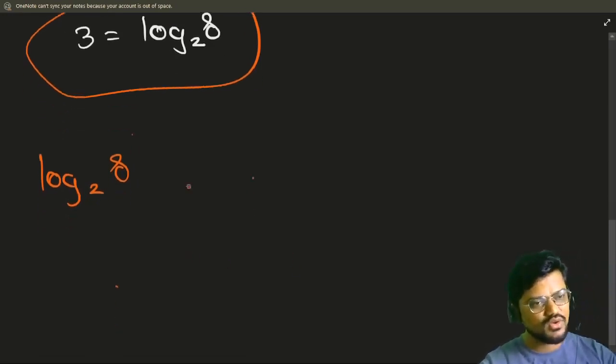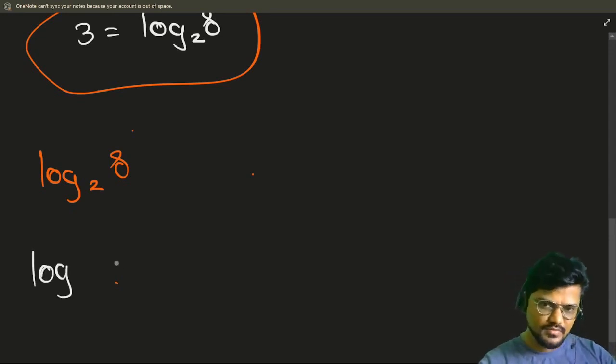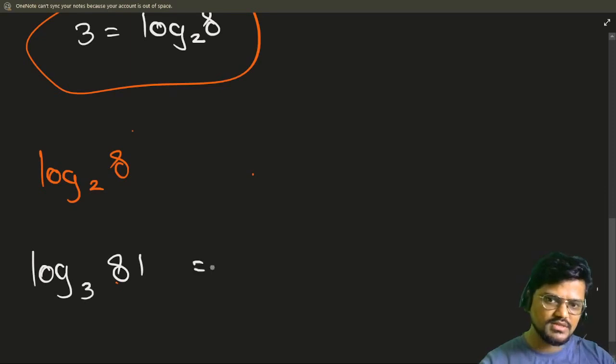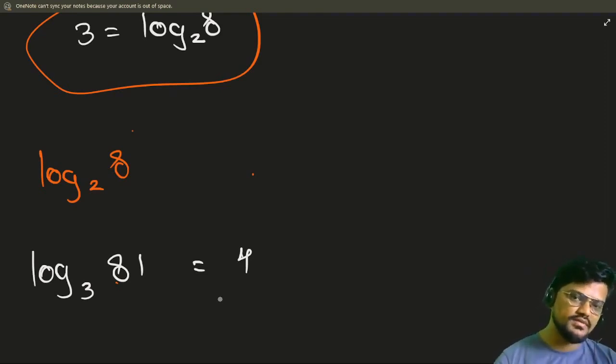Now you can give the answer also. If I write log 81 to the base 3, what will be the answer? That's right. 3 to the power of what gives 81? That is 4. So log 81 to the base 3 will give you 4.